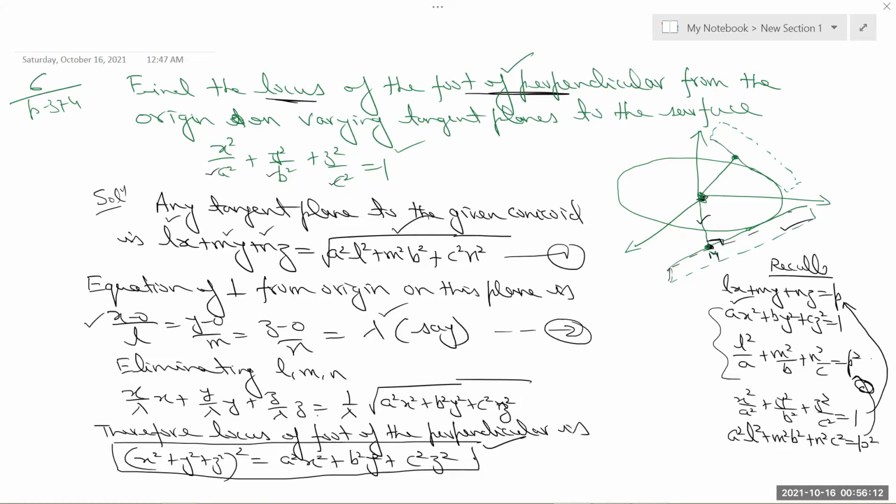In fact, show that the 6 normals to the ellipsoid lie on a cone. That one is a very important article, but before that we will do normals from a given point and some questions based on this. And finally, I will discuss conjugate diameters. So I will share the recorded lecture.